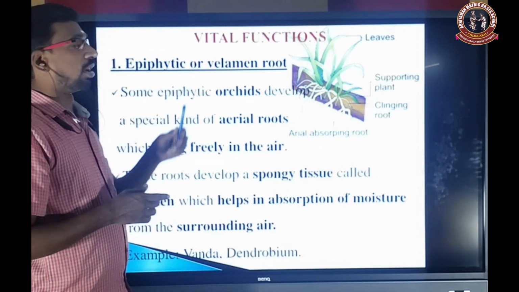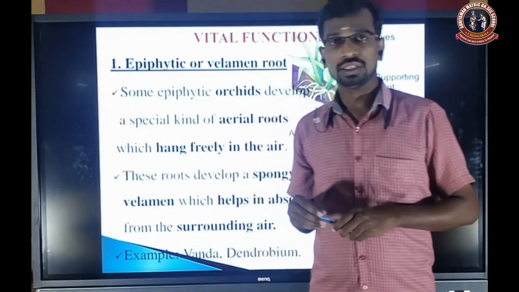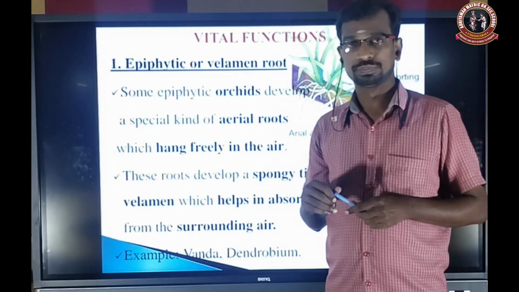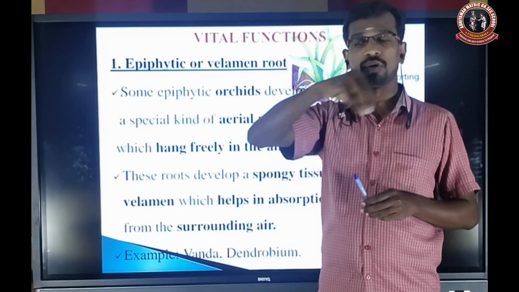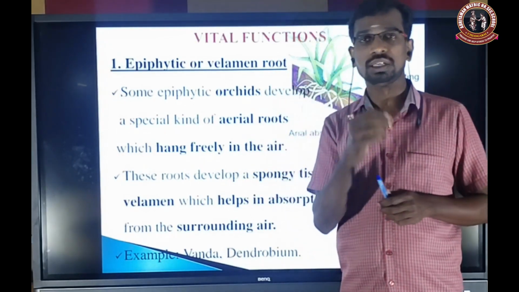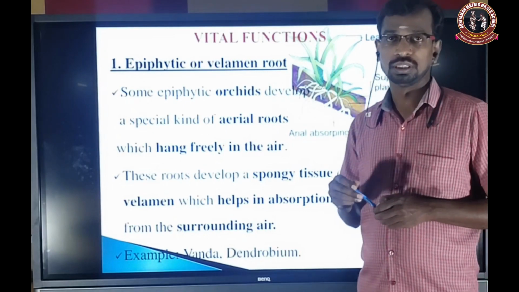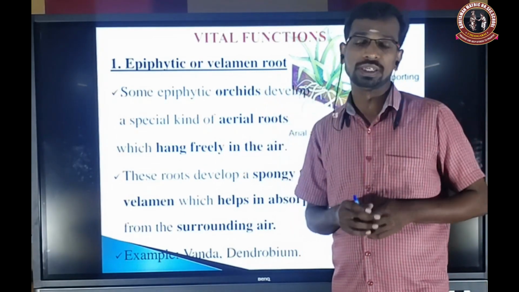The epiphytic or velamen root, especially for orchids or epiphytic plants, they produce the hanging root. Clinging root and hanging root. The hanging root is freely floating in the air. It contains a special type of tissue on the tip, that is velamen tissue. They help to absorb water and mineral salts from the atmosphere.